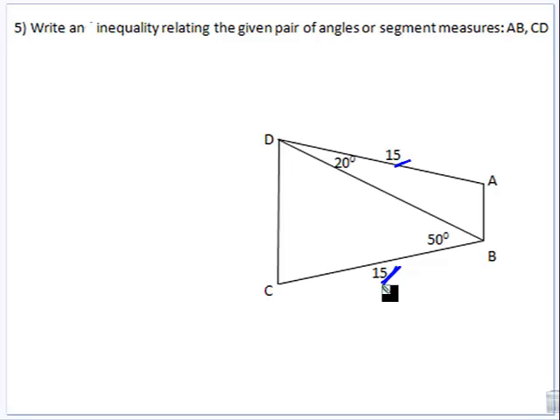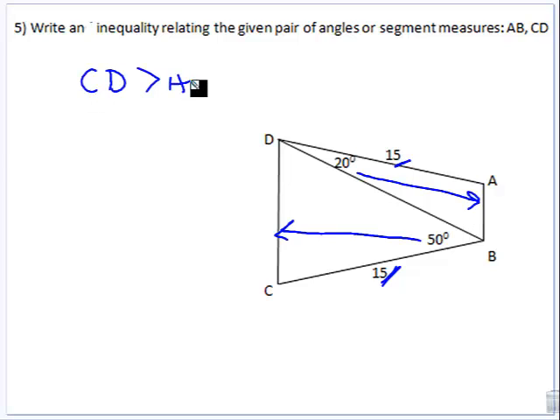So now we have the 50 degree angle and the 20 degree angle. What does that tell me about my side AB and my side CD? If this one is 50 and that one is 20, the 50 degrees is bigger, which means CD is greater than AB.